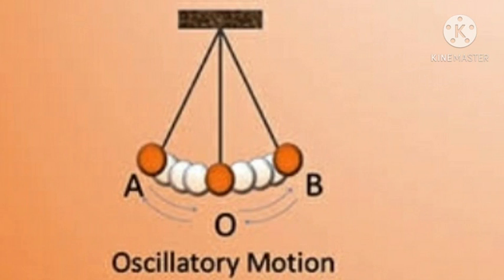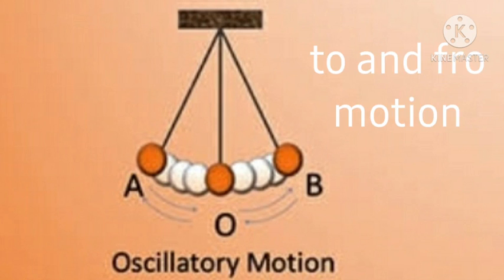Next is oscillatory motion. The oscillation of a pendulum, the movement of a swing and the swinging of a ball are examples of oscillatory motion. Oscillatory motion is a repetitive to and fro motion of a body about its position of rest, known as the mean position.